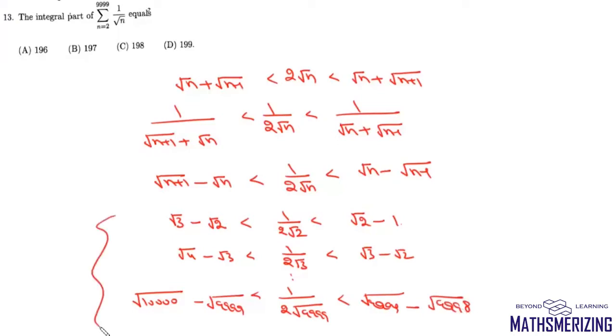Now if we add them all, then in that case this root 3, root 4 will cancel.